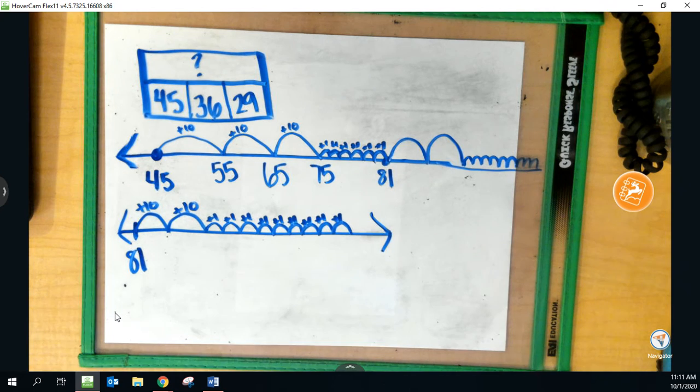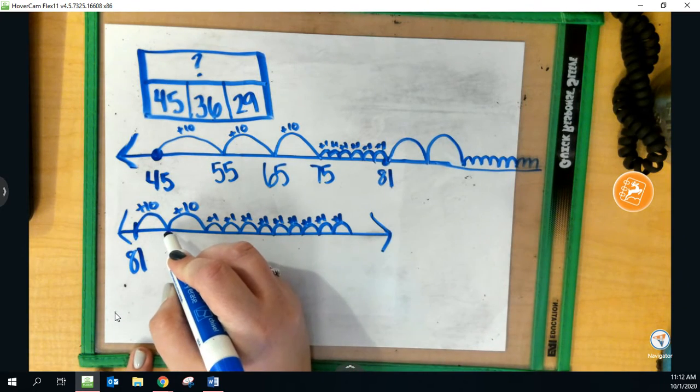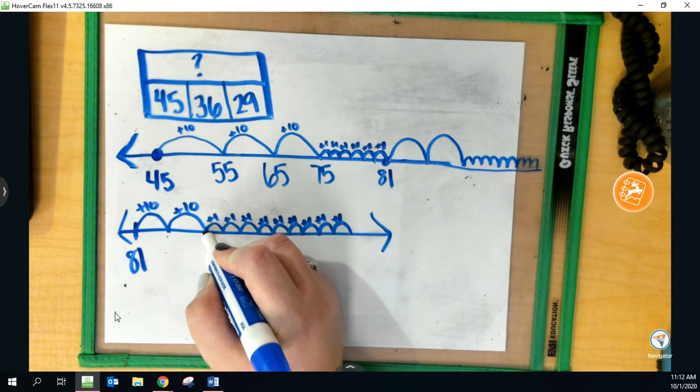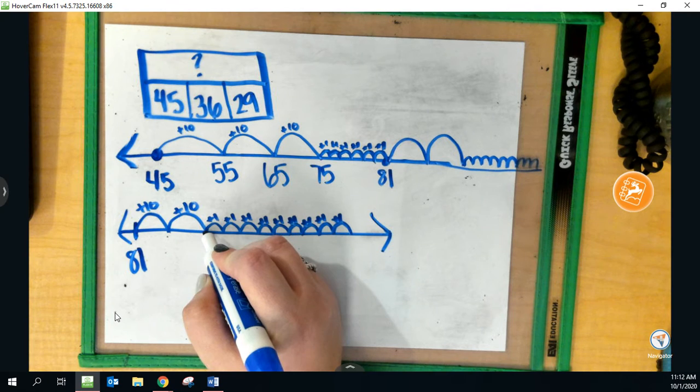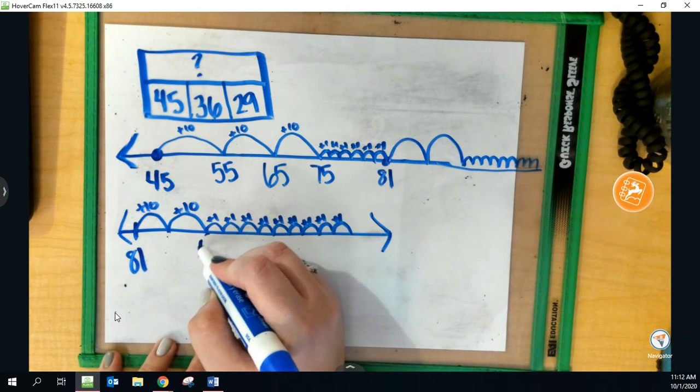Okay, so I'm at 81, and I need to go up 10. Well, if I count by tens, I know that 61 would be 71, then 81. So what's going to come next? 91, 101.